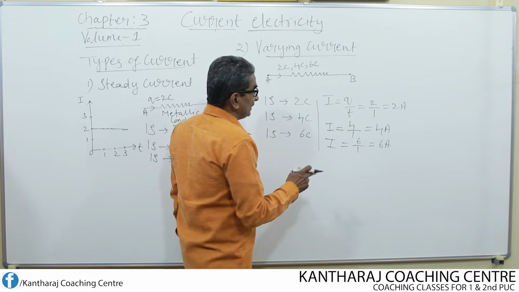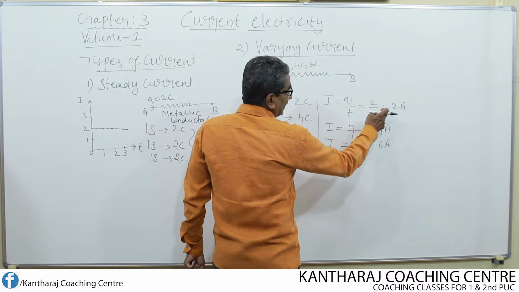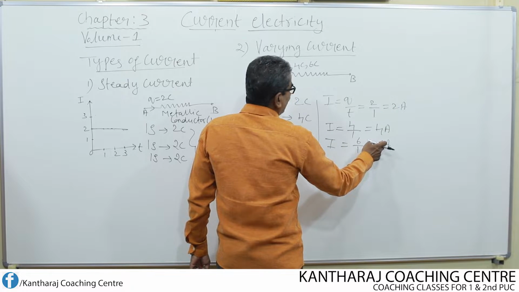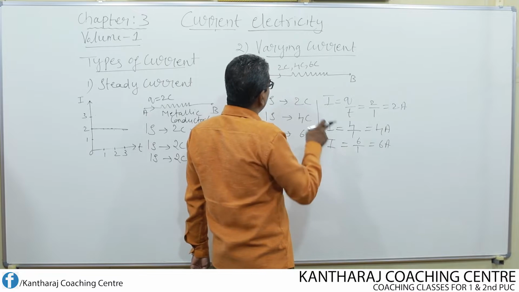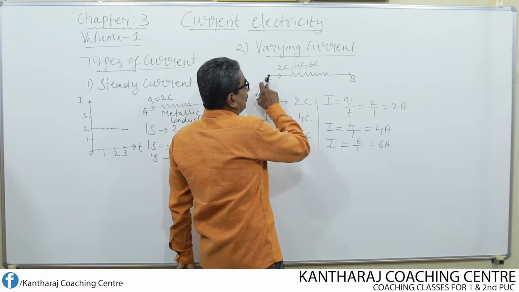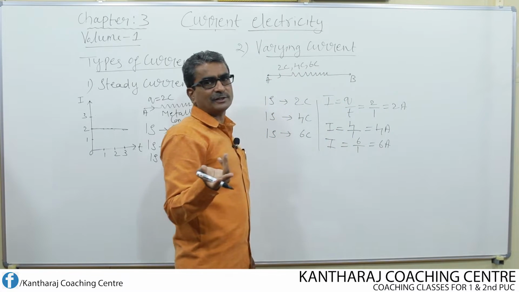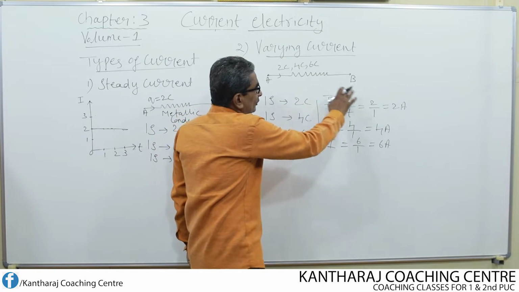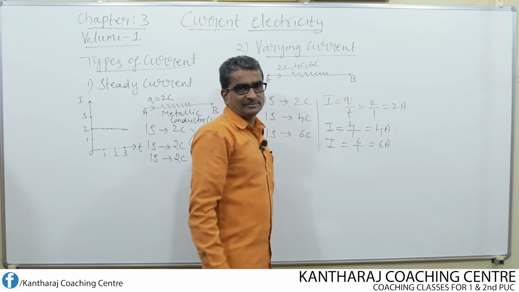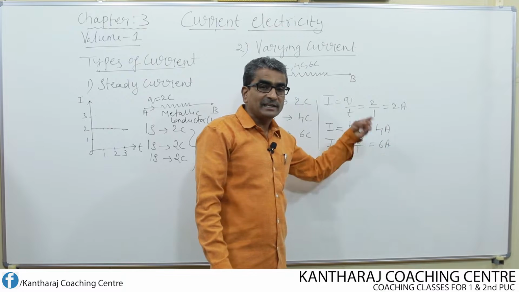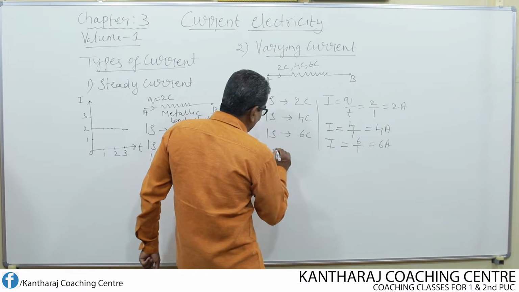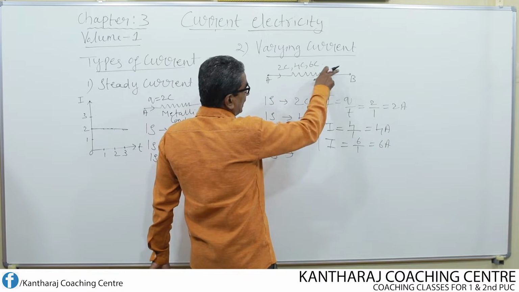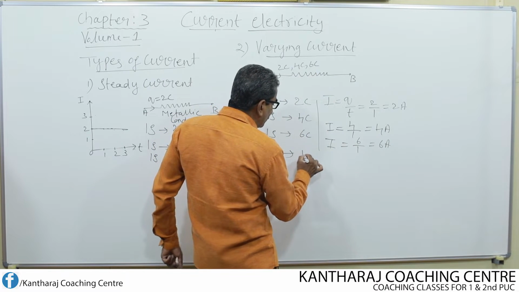So that means every second the magnitude of the charge flowing through the conductor is different. Therefore, the amount of current flowing from one end to another end is also different. Such a current is known as varying current, and this varying current may increase or decrease. Say for example, in the fourth second, the amount of charge that flows may be just 1 coulomb.